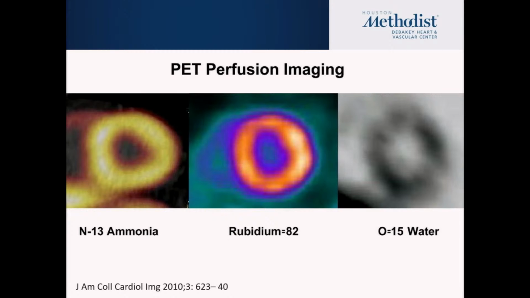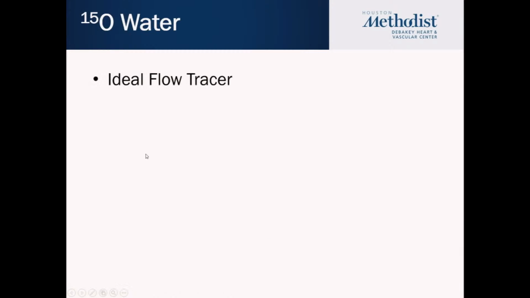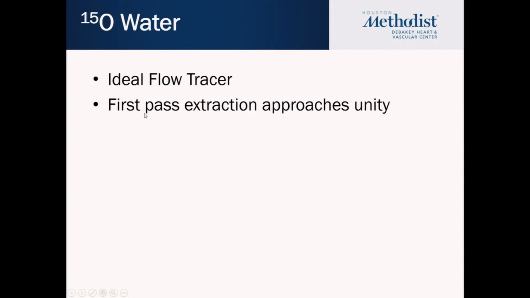But in the US, O15 water is not approved for clinical use. So the only two agents we use clinically are rubidium and N13 ammonia. O15 water is the ideal flow tracer, but not for the entire myocardial perfusion imaging. Why is that? Because its extraction is linear.